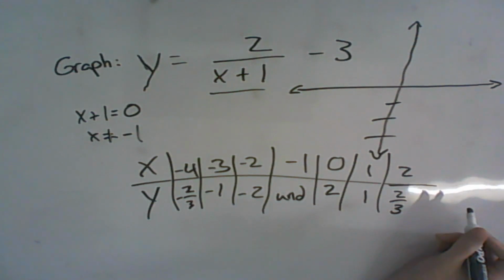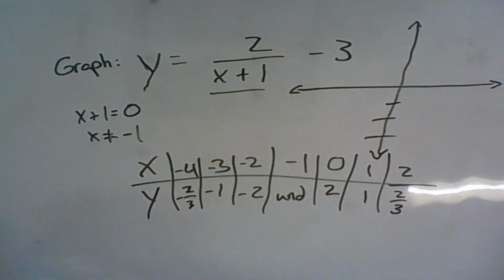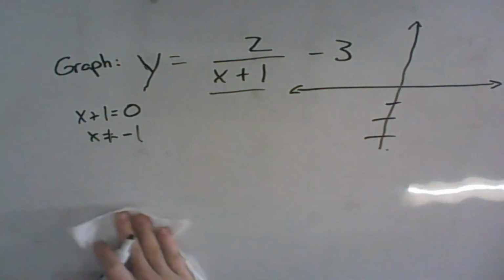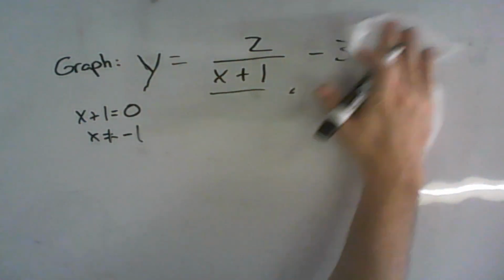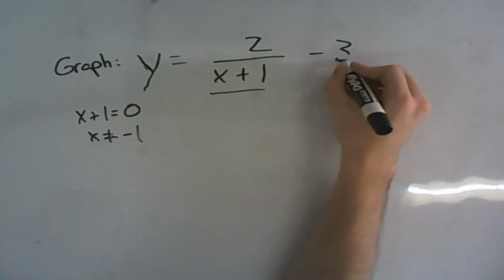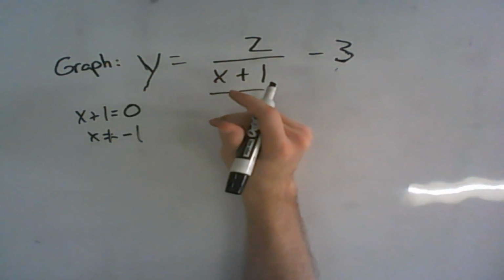Wait, I didn't do the math right. People, don't trust your brain when you do it too quickly. Okay, I'm just erasing this for a second. My mistake, people, is I didn't take into account our vertical translation. So we have to do the whole map.